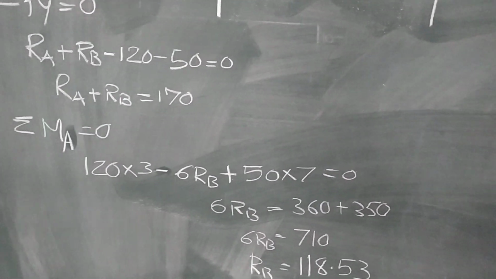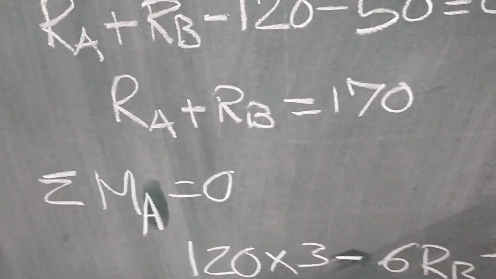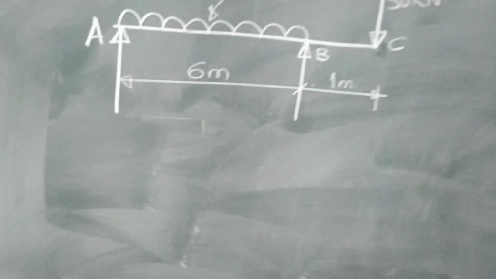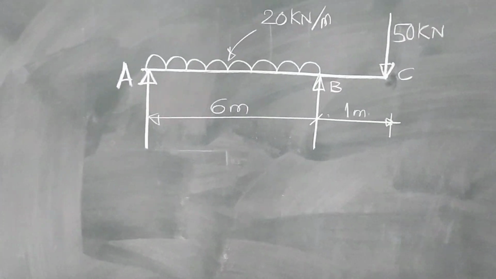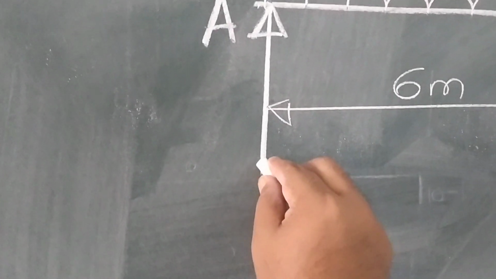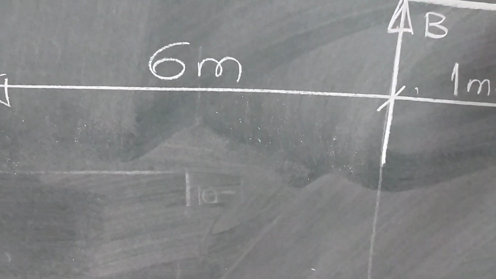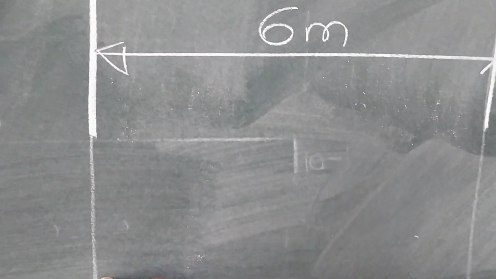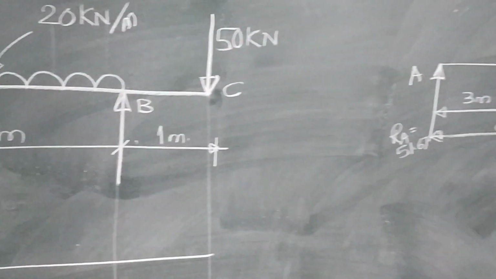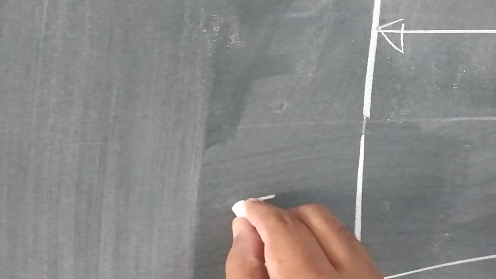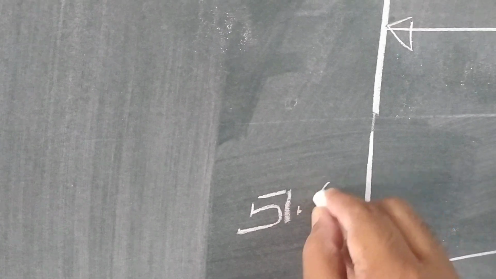Now let us draw the shear force diagram with shear force calculation. Let me erase all these. Take down the projection of this. So what is Ra? It is 51.67. So let me draw here 51.67.